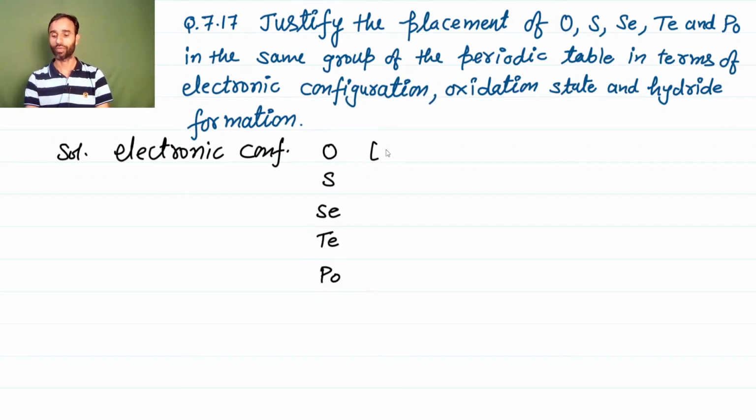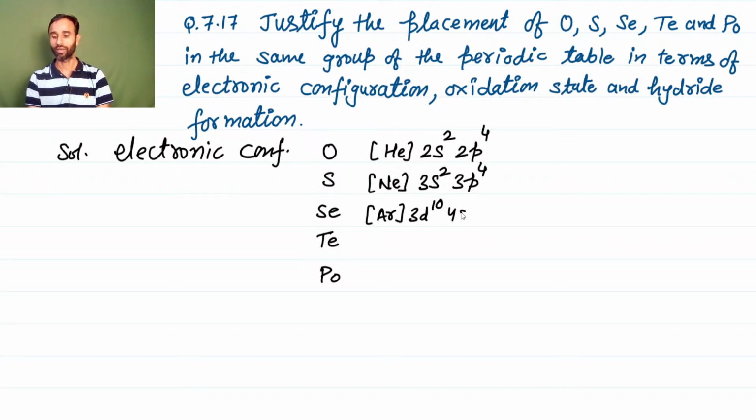So first is helium 2s2, 2p4. Sulfur is neon 3s2, 3p4. Selenium, argon 3d10, 4s2, 4p4.